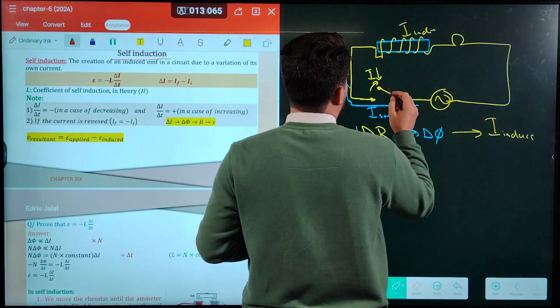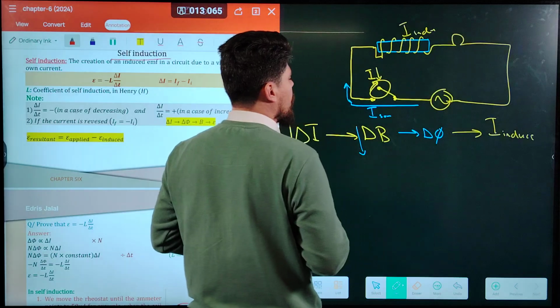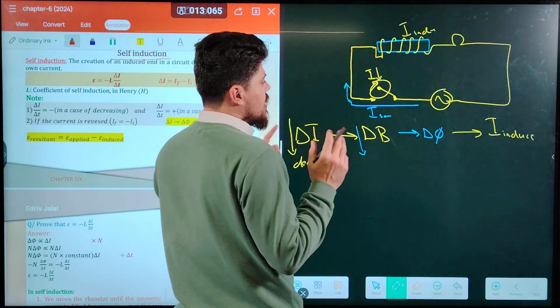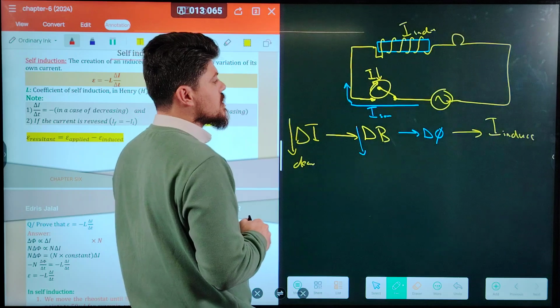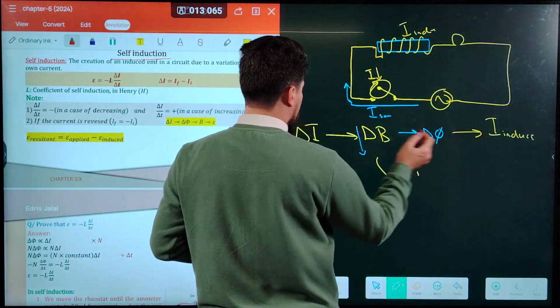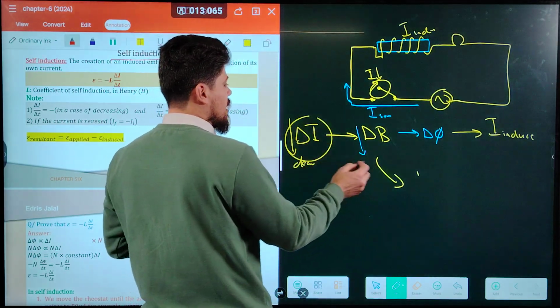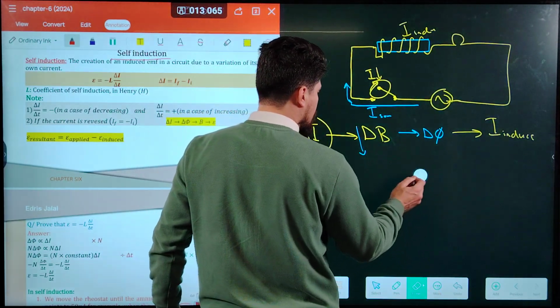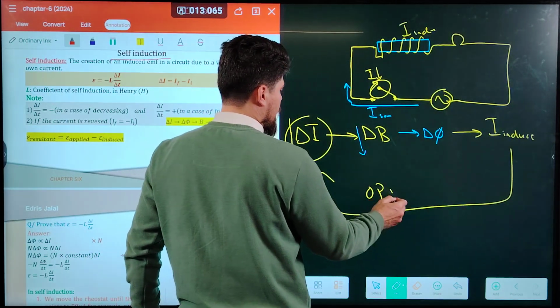So there will be a spark on the switch, because both the induced current and the current of the source have the same direction. Induced current and the changing current of the circuit have the same direction, but they still oppose each other.